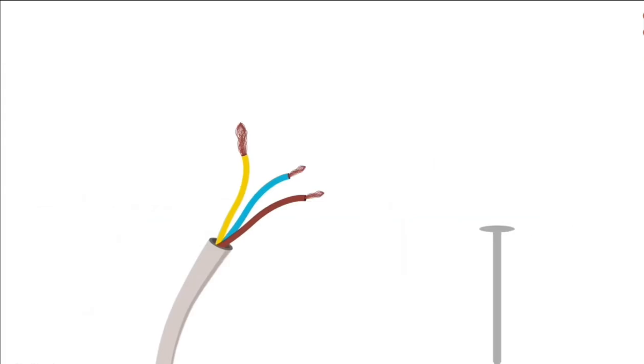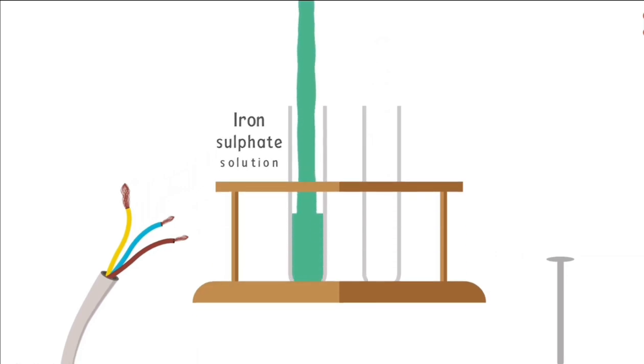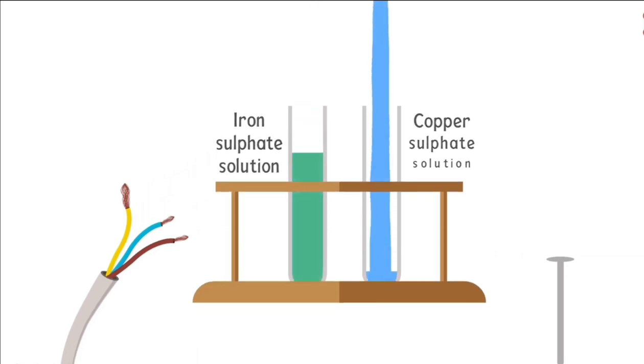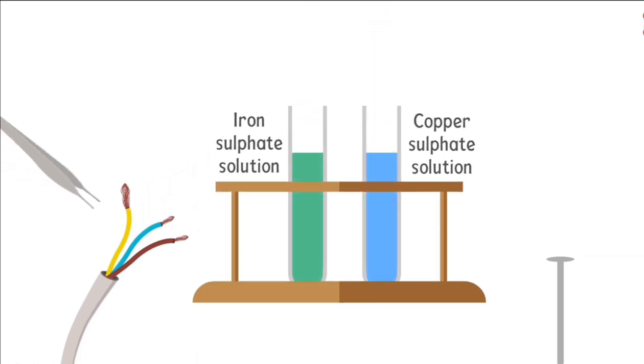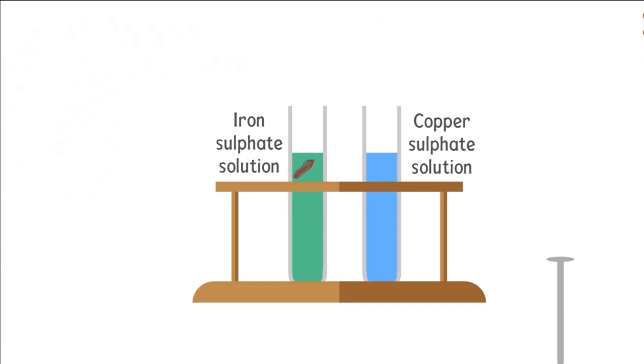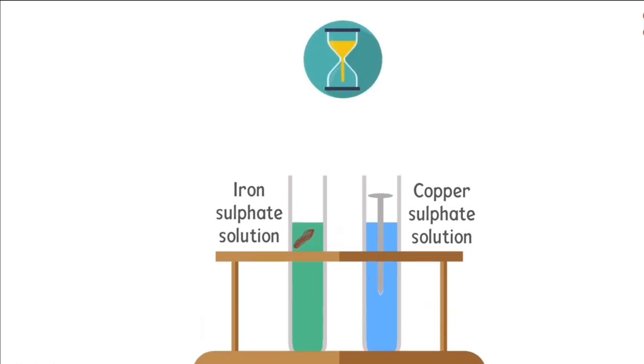To understand this, let us take a copper wire and an iron nail. Take two test tubes. In one we are filling iron sulfate and in two we are filling copper sulfate. Now we will place the copper in the iron sulfate and the iron nail in the copper sulfate solution.